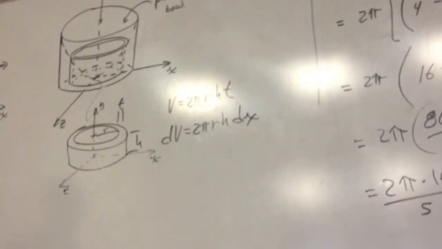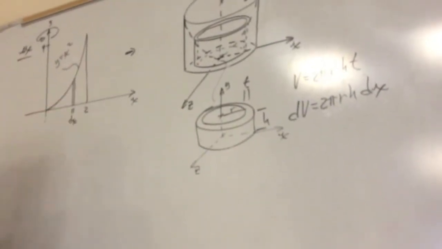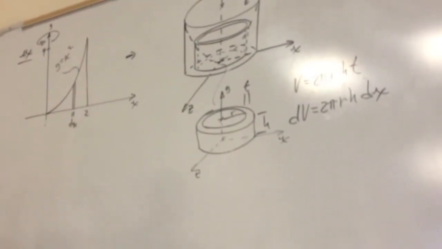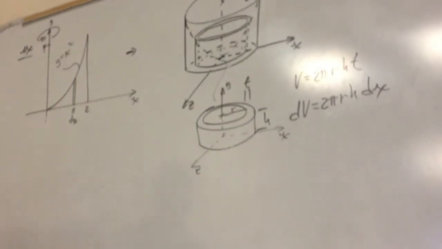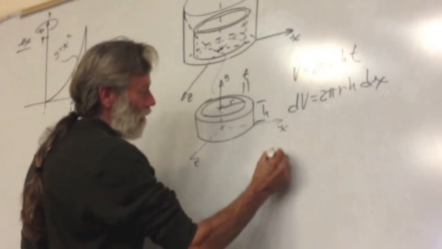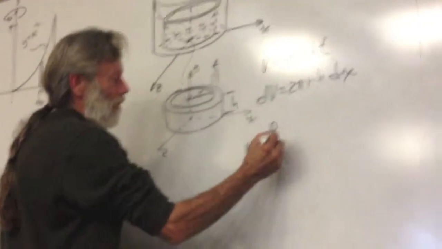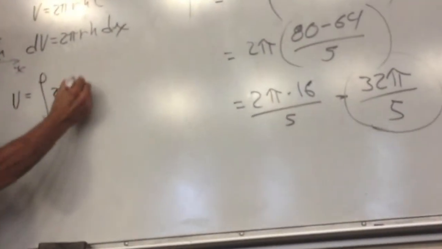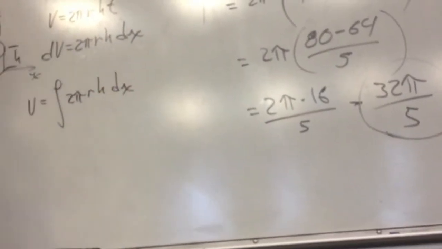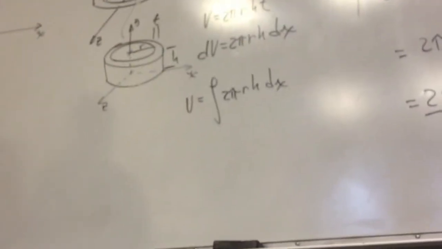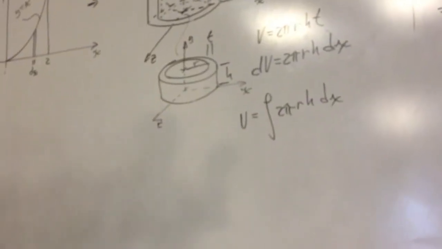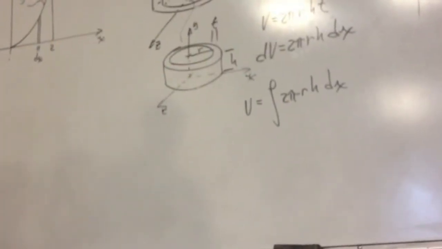All right, then we can start building the integral that will add up the shells, from down here at 0 to the one that fits in right up to 2. Right, so we say the volume is the integral of that 2 pi r h dx, and you start replacing the r and the h. Obviously, I could have done that a step before.